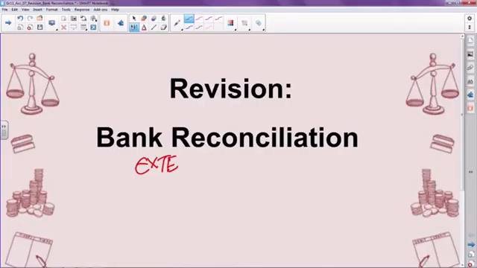A bank recon is a comparison between the business's records and the bank's records. So in other words, we take two documents, one document, which I will refer to as the external document, external, because this obviously comes from the outside.